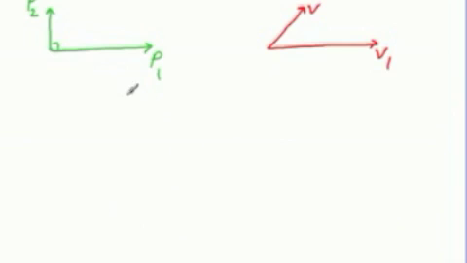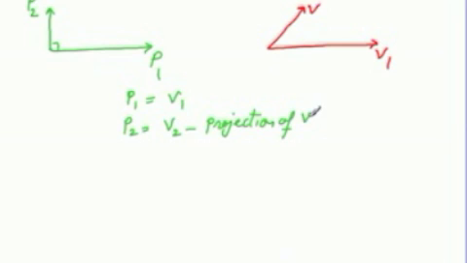So we say P1 is the same as V1. P2 is V2 minus projection of V2 on P1. So that is, now do you remember what the formula for this was?